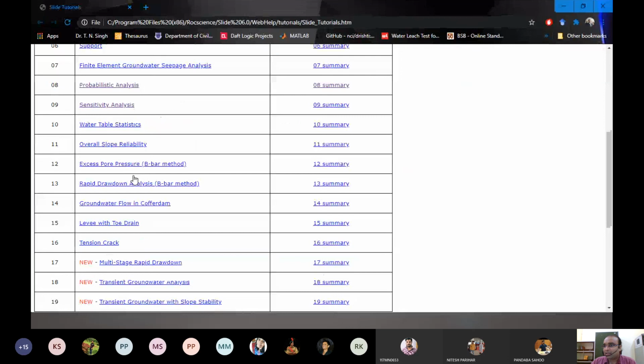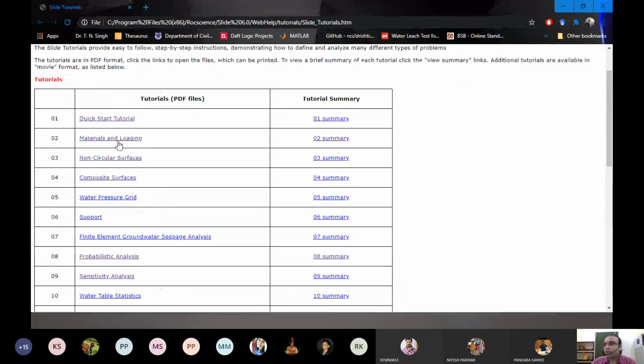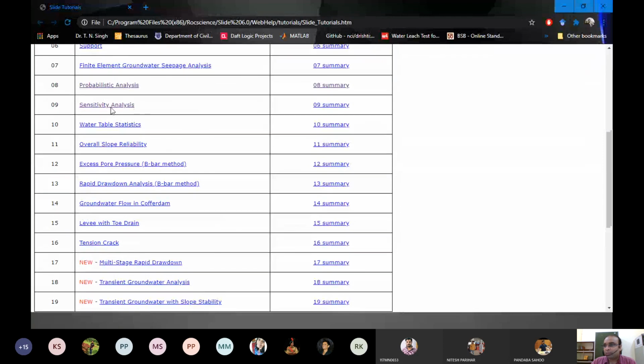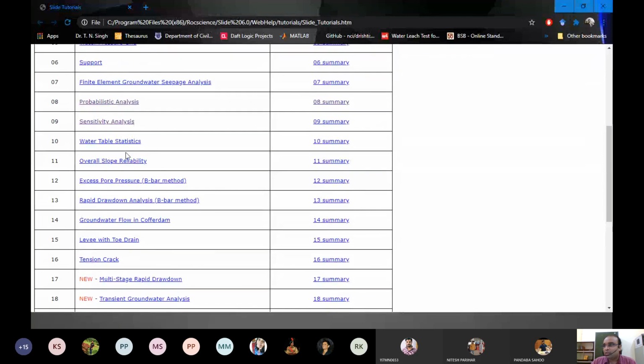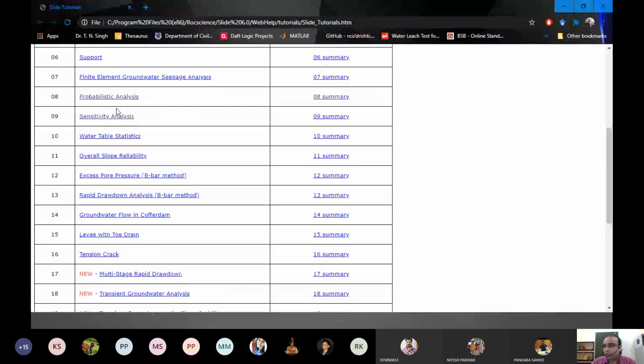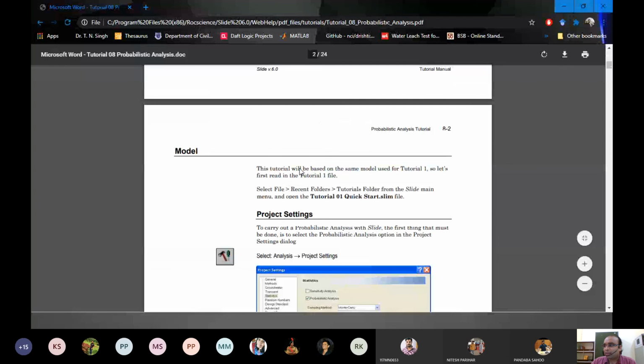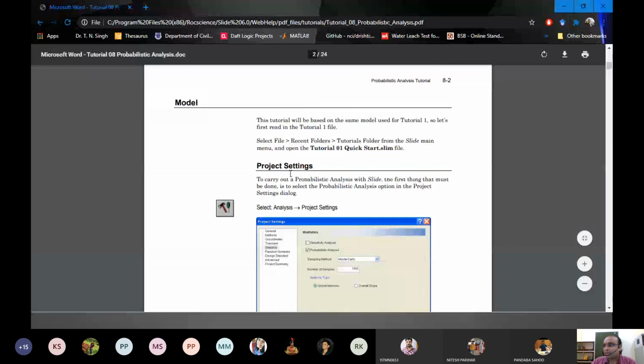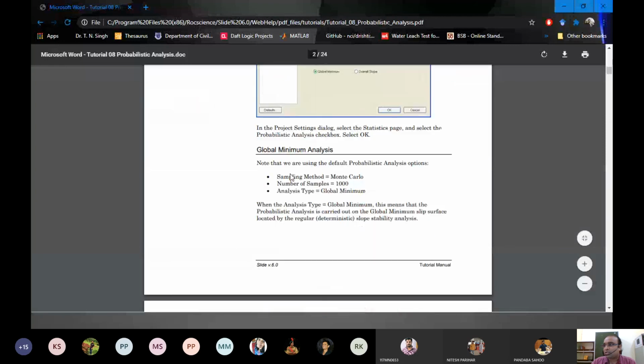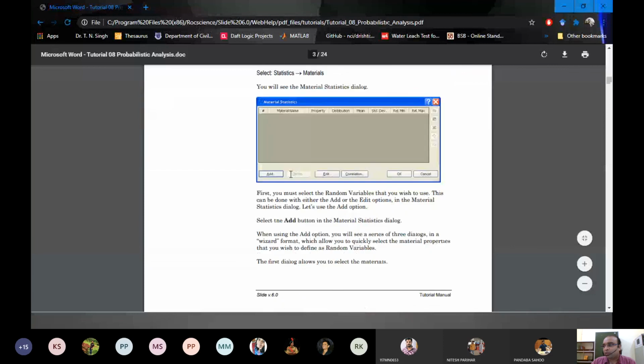How to start it, how to make new materials and loading, non-circular failure, water pressure, and so on, probability analysis and all. So you guys can go through it, and when you have this clicked, you have a detailed step-by-step instruction on how to do which option to choose, what to feed, and so on.